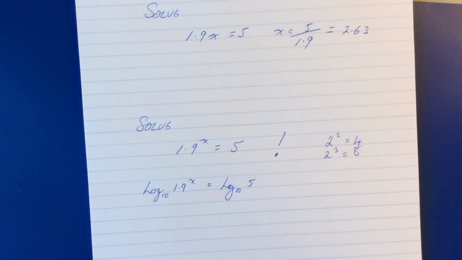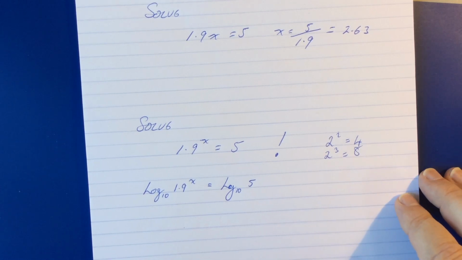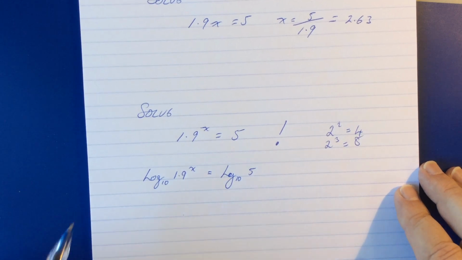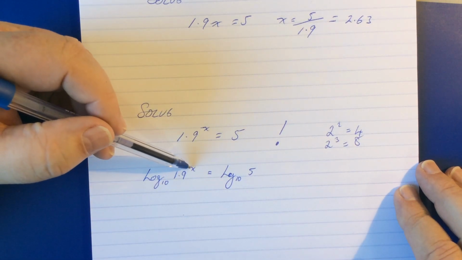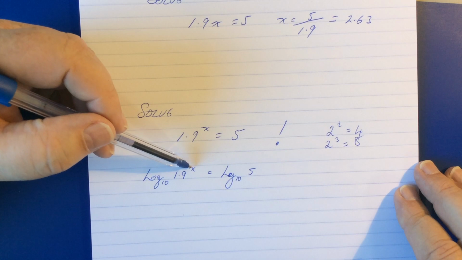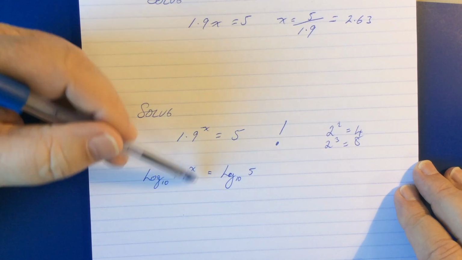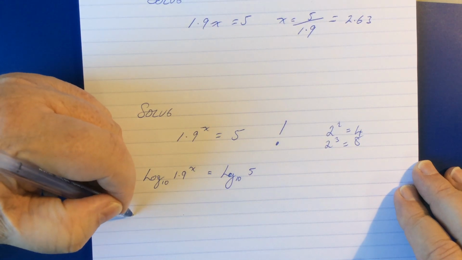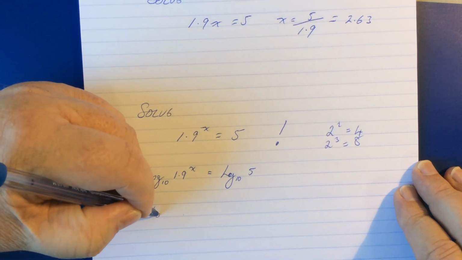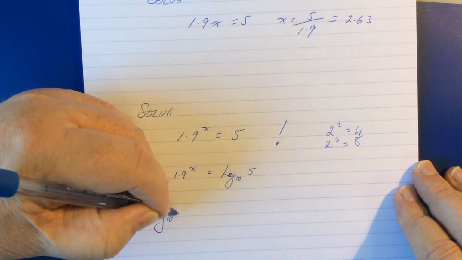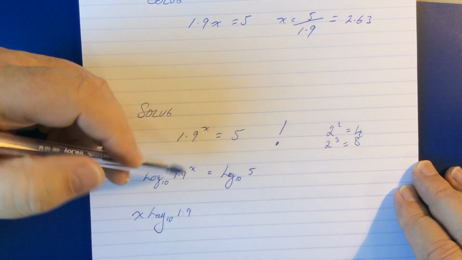Now, you need to know a few log laws to make this really work. You certainly need to know one anyway, and it's this one. We still have a problem with a power up here. So what we're going to do is rewrite this side of the equation like this, which we are able to do: x times log 10 of 1.9.